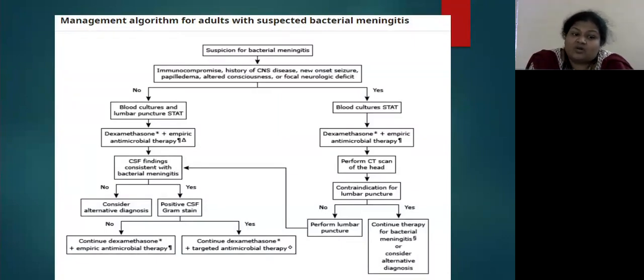If it is not so clear, that is when the LP comes in, and you have to do the LP, look at the CSF findings, and then decide. Then it would be either a definitive therapy or you continue empirical antimicrobial therapy. This algorithm is up to date.